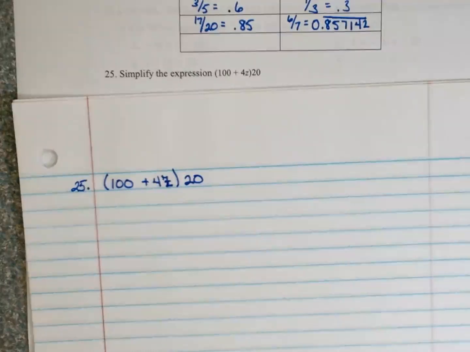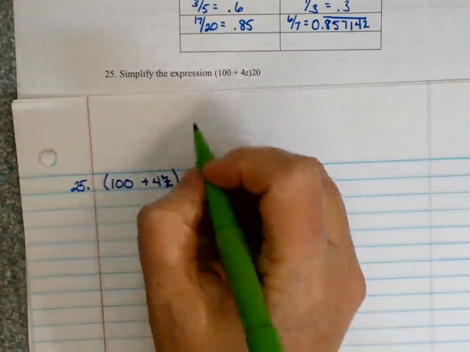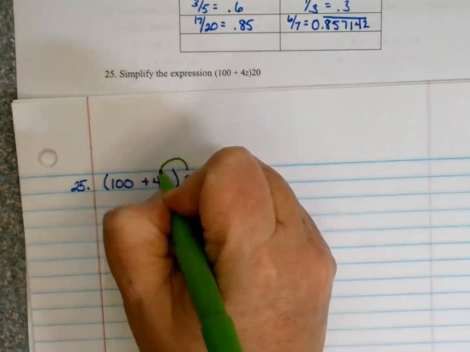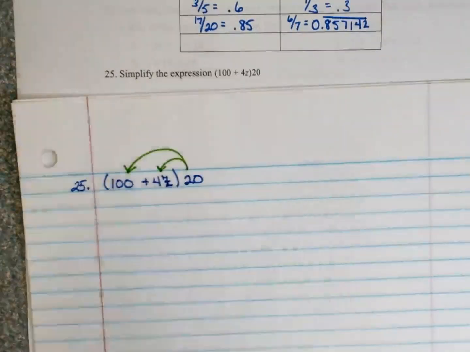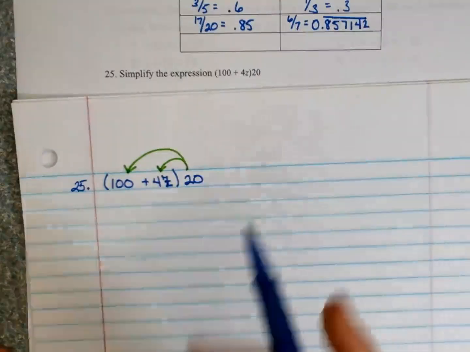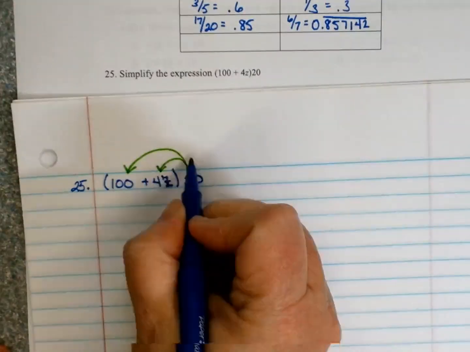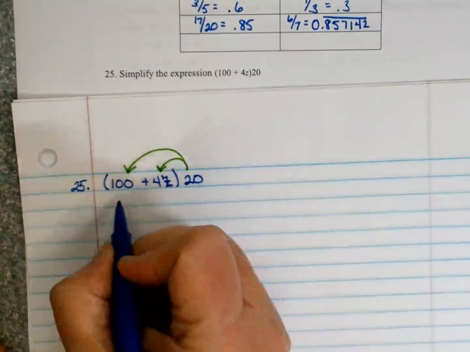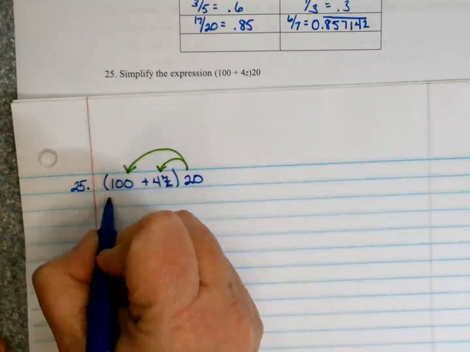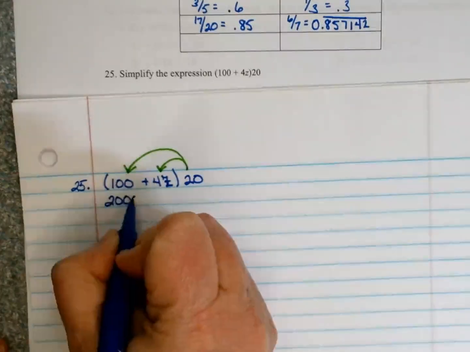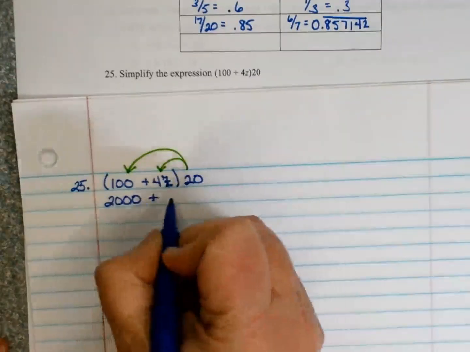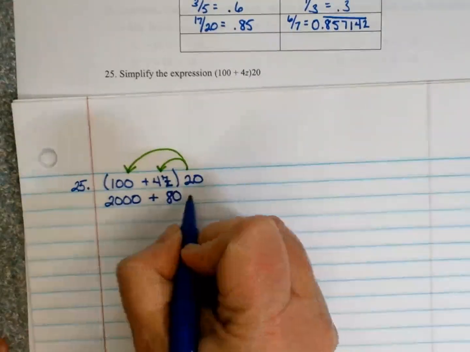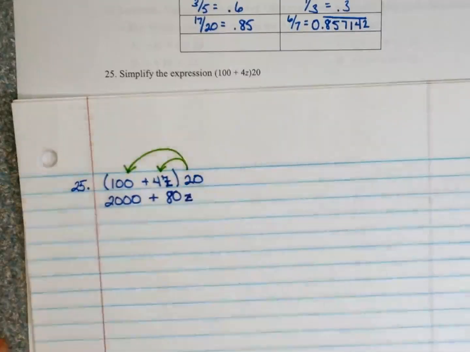All right. Well, I know I have to take this 20 and distribute it to both things inside, right? So this becomes 20 times 100, which is 2,000, plus 20 times 4z is 80z. Bam, that's it. I guess I had room for that one on the paper.